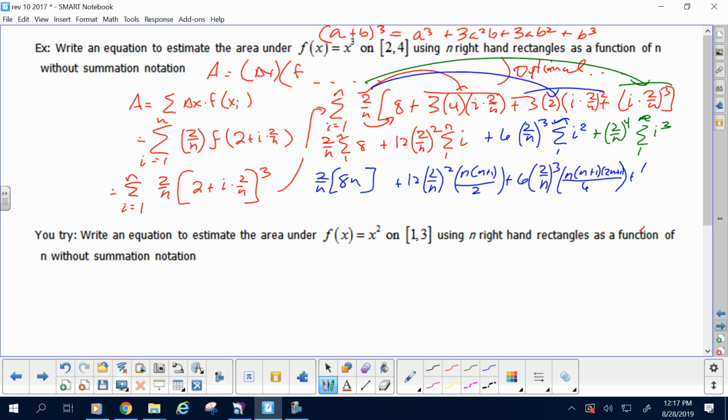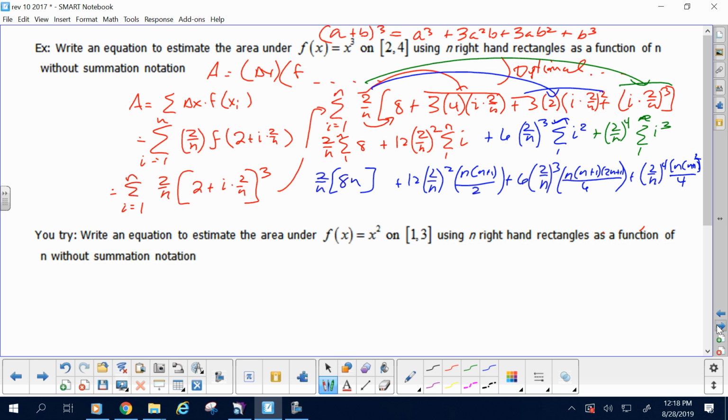And then 2 over n to the fourth times the sum of a bunch of cubes: n times n plus 1, that whole squared, over 4. If I remember right, I think that was it.